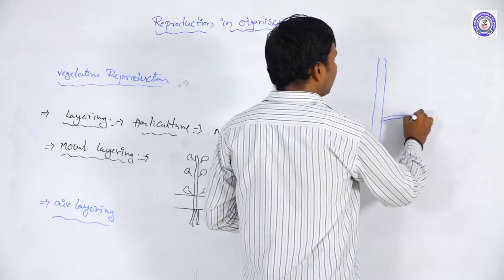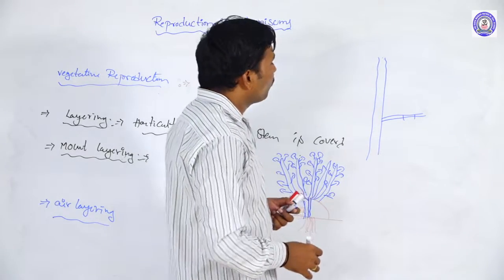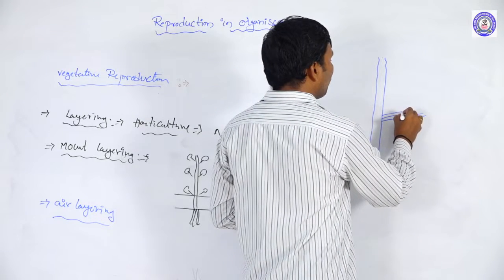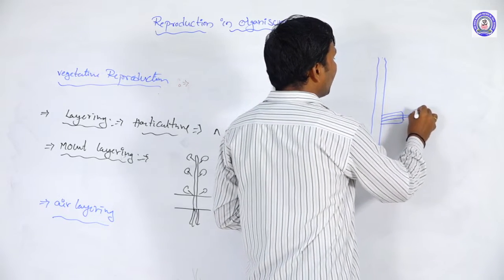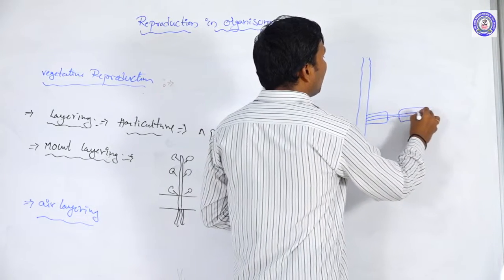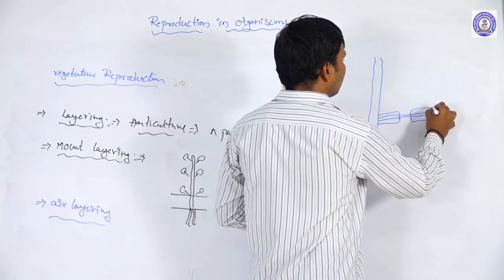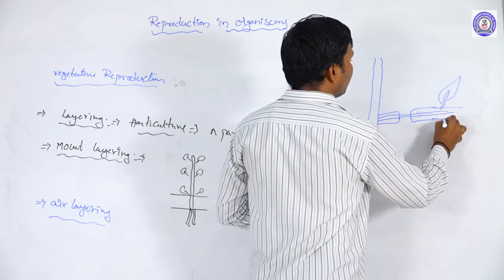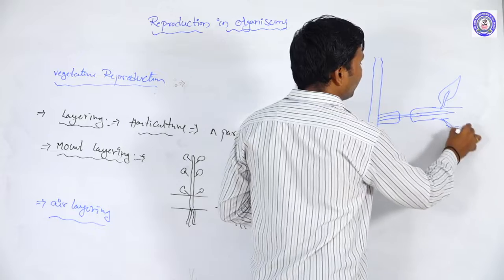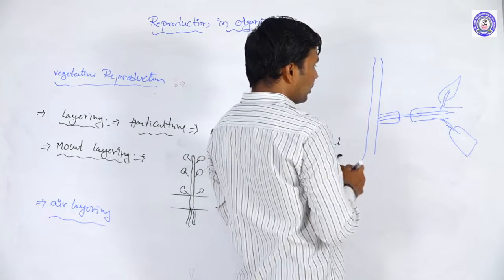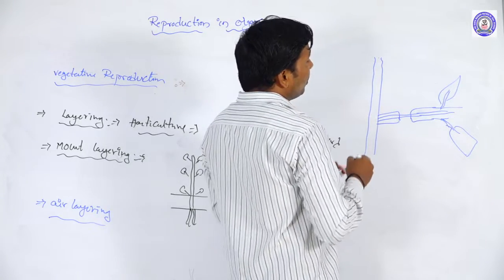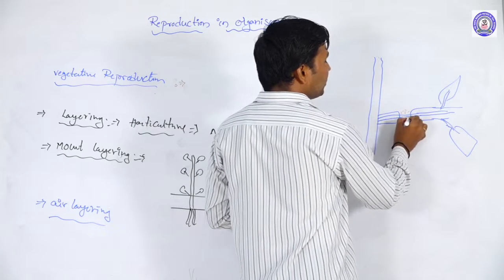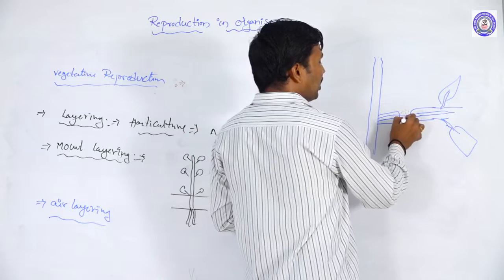We remove a 3 to 5 centimeter width of bark. This is called the ringing process. A ring is formed, and here we remove the bark; only the vascular bundle remains, so we allow it to remain.